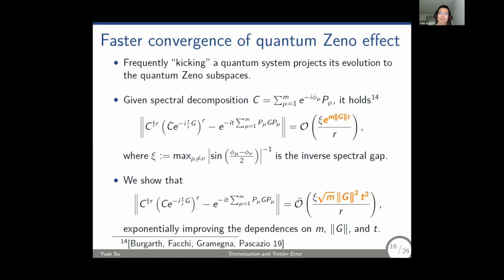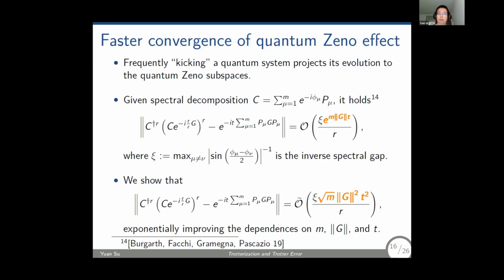And you repeat this procedure R times. You alternate between the Trotterization and symmetry transformations. In the end, you have to undo all your symmetry transformations. As R becomes larger and larger, roughly speaking, you are kicking your quantum system frequently with the same operator. And it turns out that you can approximately project your effective evolution to what is called the quantum Zeno subspace.